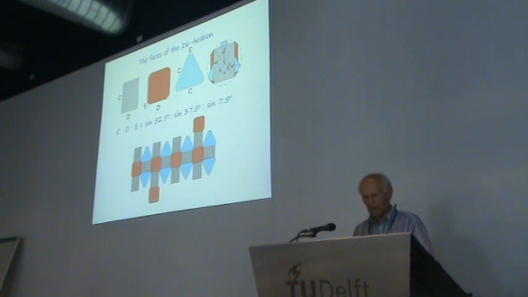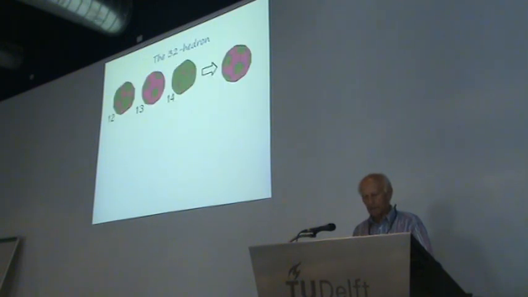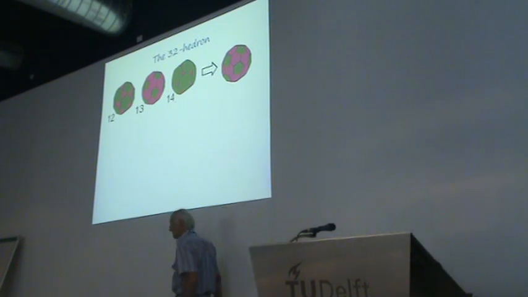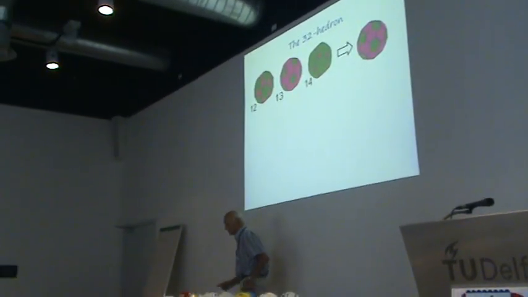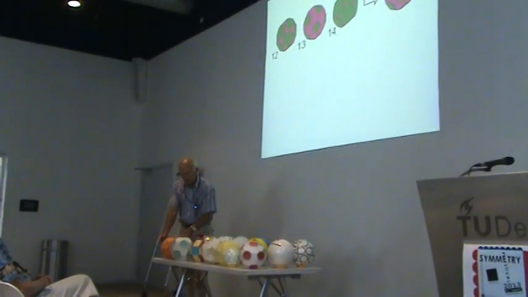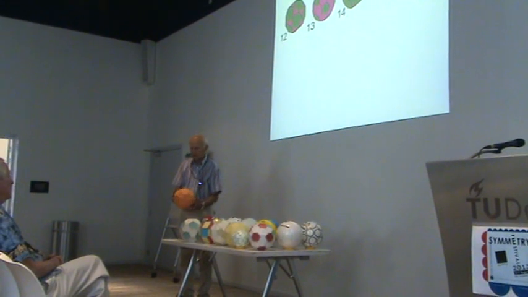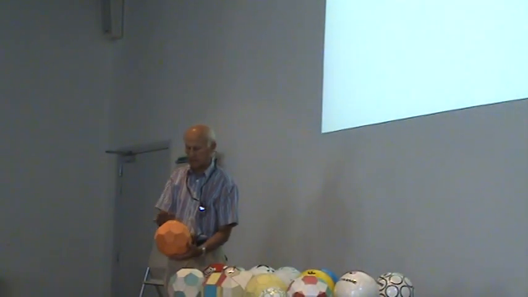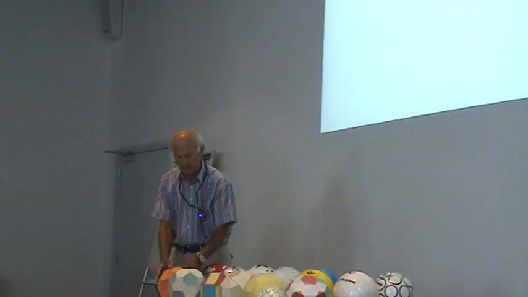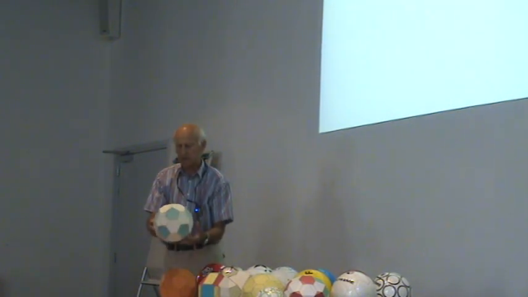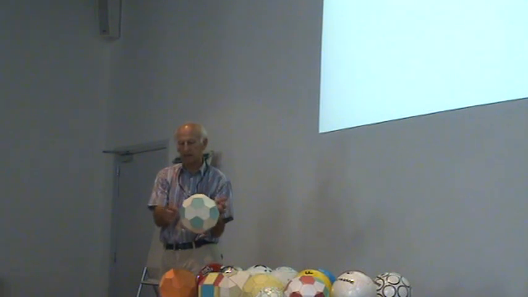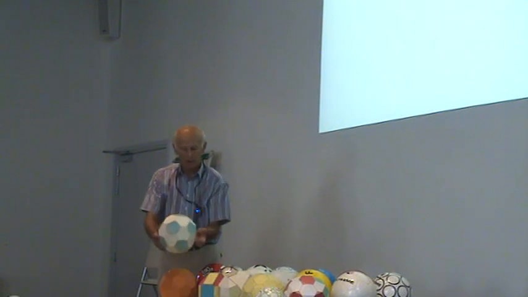And then starting from the 32-hedron, which is in fact this one. This is the truncated icosahedron, but this has different distances from the center, the pentagon and the hexagon. But you can make it such that they will have the same distance, but you see that the hexagon has other side dimensions.